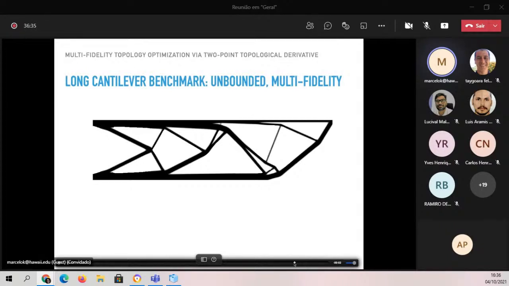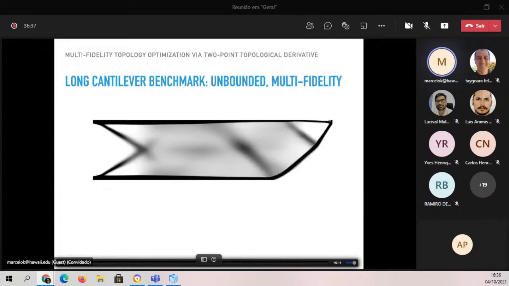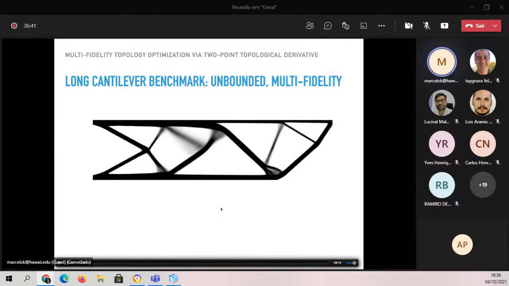Another thing that you see here is how SIMP creates new topology. SIMP changes topology, as you can see here, by creating holes. You can see here a hole on the bottom of the bar, a hole being created there. There is some gray material there where the hole is going to be created. And another gray area here, more to the middle, where after you evolve, you see that they become a bifurcation structure.